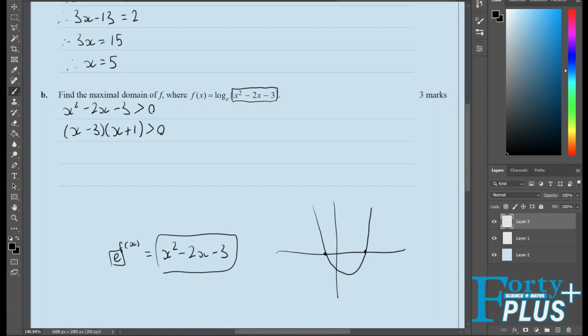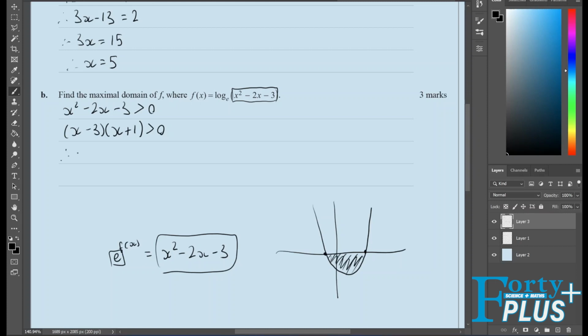Now, we have stated that the graph must be greater than 0. Well, where is it greater than 0? We know that in this area down here, it's not. So the domain is going to include all real numbers except for this section that we've highlighted in here, which is between -1 and 3.